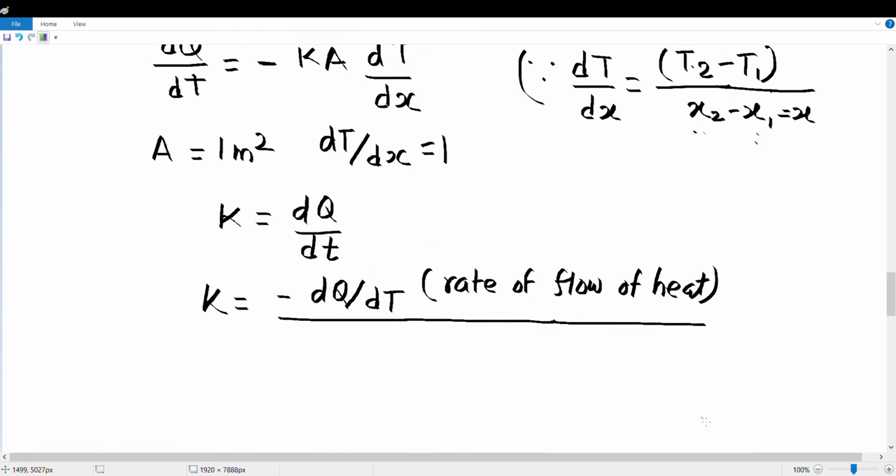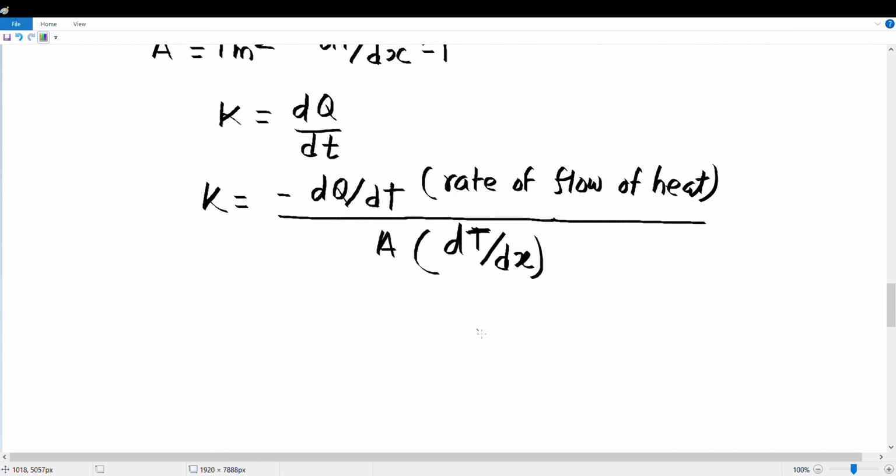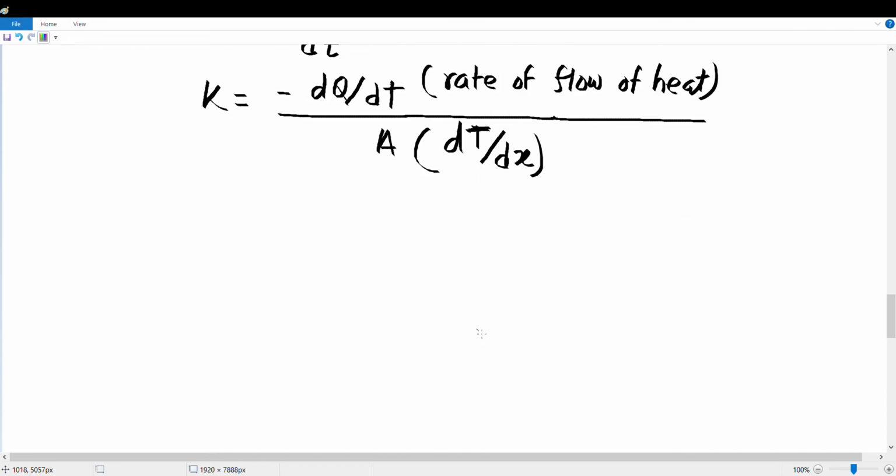This K is equal to minus dq by dt divided by A into dt by dx. One correction here: this dt in dq by dt is the time, and this dt in dt by dx is the temperature. So this K is equal to dq by dt divided by A times dt by dx.